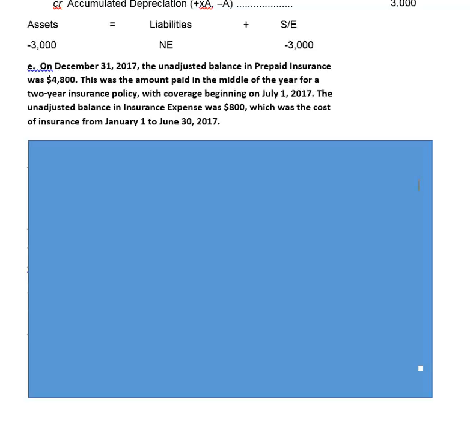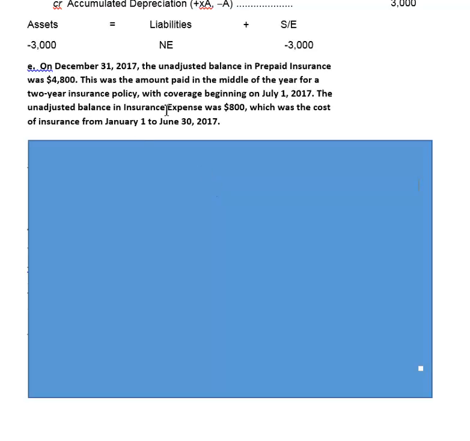For a 2-year policy with coverage beginning on July the 1st, 2017. So what happened is that these guys bought coverage for their company on July 1st, 2017. But the policy was going to be in effect for $4,800 for 2 years. So that $4,800 represents 2 years of insurance.